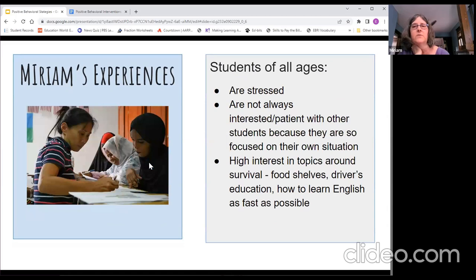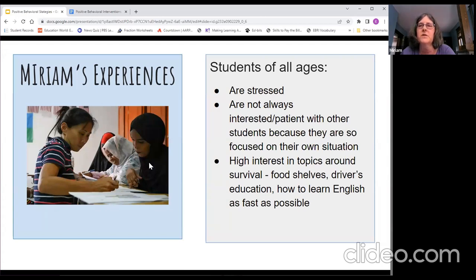And then just in general, students of all ages, I feel like there's stress out there, for many, many reasons. One thing I've noticed is that some of my students who are under a lot of stress are not as able to engage with the whole class.